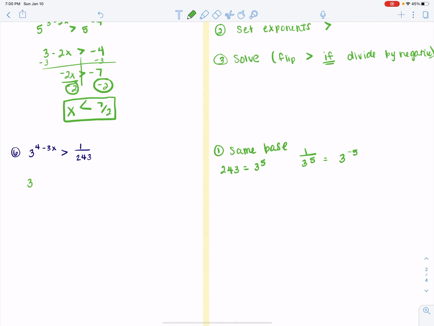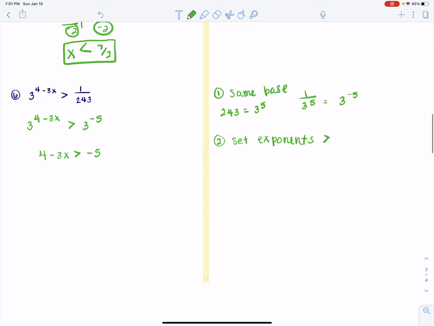So I have 3 to the 4 minus 3x power is greater than 3 to the negative 5th power. All right, now we're going to set our exponents not equal to each other, but greater than, because that's what was written. So I have 4 minus 3x greater than negative 5.